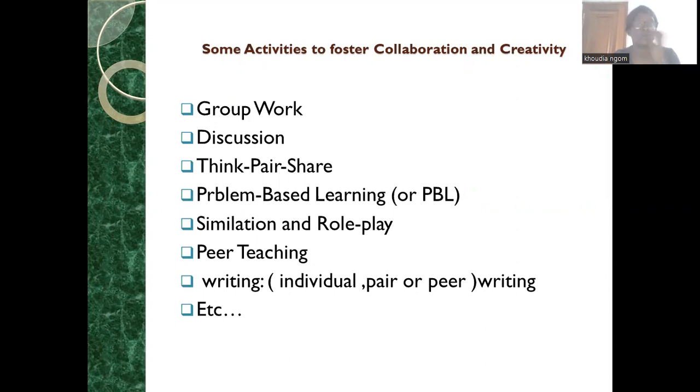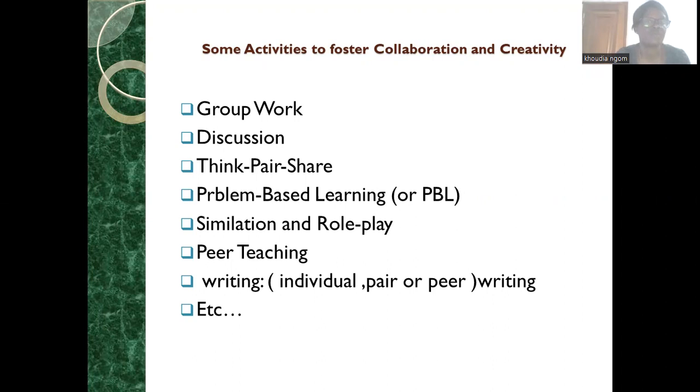Problem-based learning or project-based learning is a great activity which can work all the skills of our students. Because when the student is able to identify a real life problem, still we're talking about linking school to real life, we identify a problem and work on how to solve it.